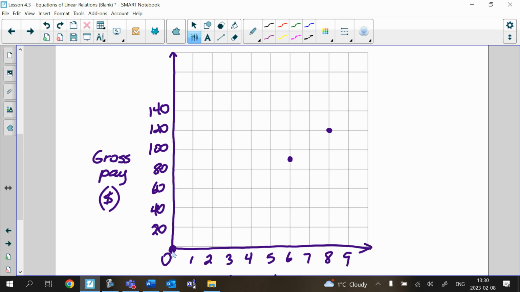And 5 hours, $75. Remember, these are linear relations we're doing. So all of these ones we plotted should form a line. Which they do.